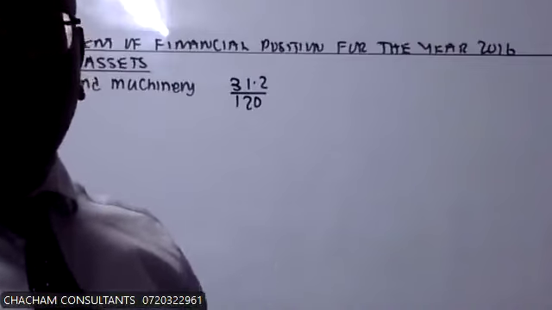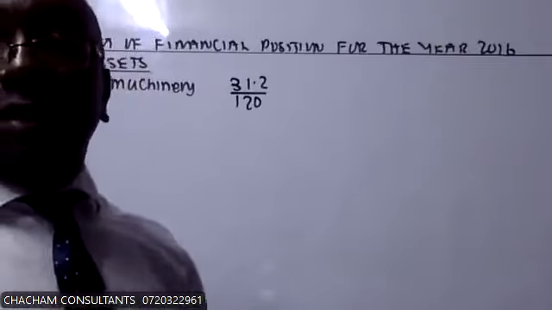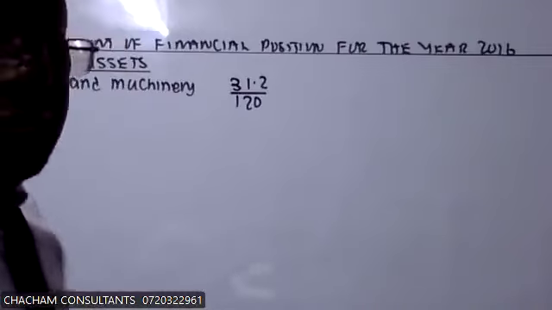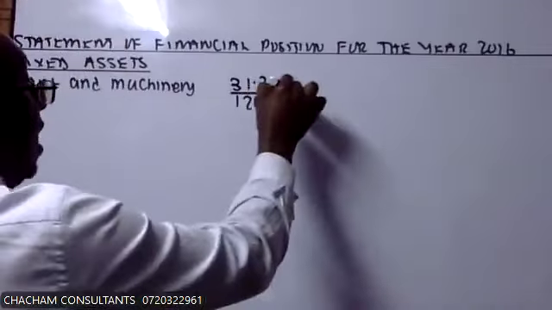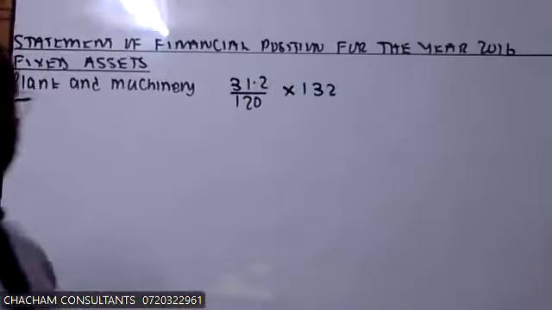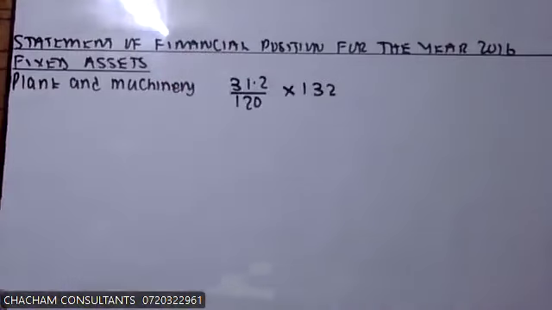That will tell you plant and machinery is what percent of sales. If they are varying directly, you multiply this by the new sales, 132. Instead of first expressing it as a percent, you just multiply that way.